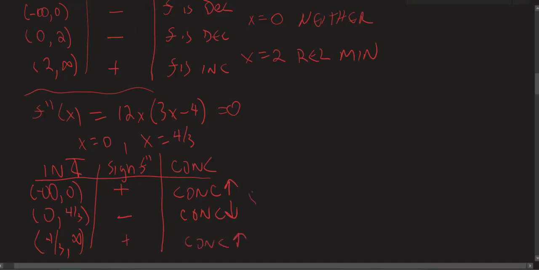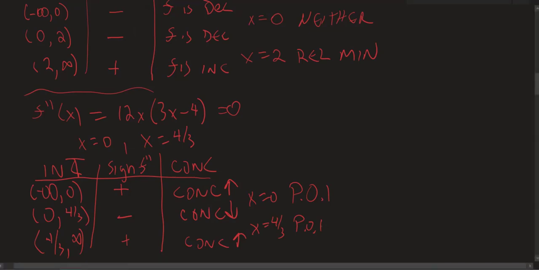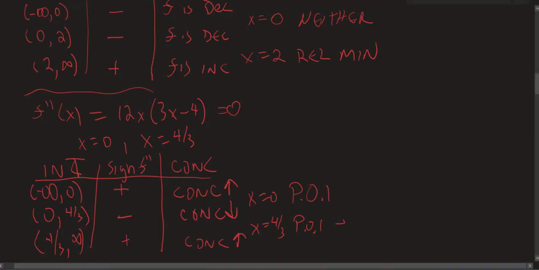Now, at x equals 0, we have a point of inflection because the second derivative changed sign. Similarly, at x equals 4/3, you have a point of inflection. We already graphed the point when x equals 0. So we will want to figure out the value of the function at 4/3. So f of 4/3 is equal to negative 256 over 27.